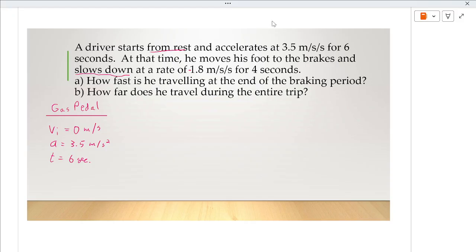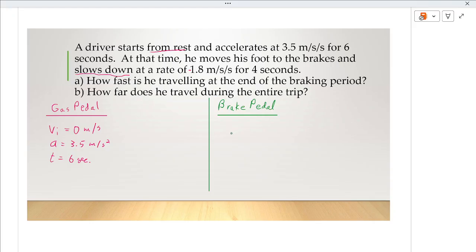Now let's switch to green for our second part. We'll divide that and have the brake pedal part over here, or part two. What do we know about the brake pedal part?